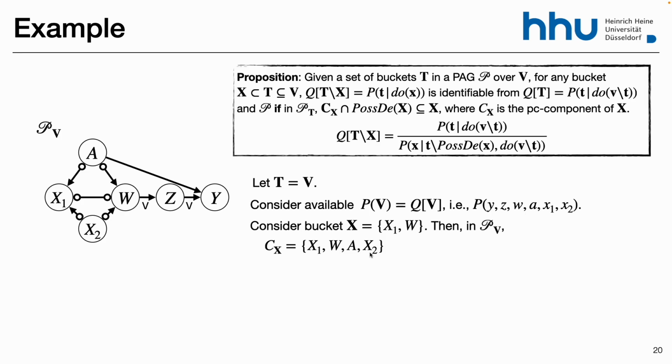Then we compute in the graph PT, so T is V, the possible descendants of all variables in the bucket. They include the possible descendants of X1, which will be W, Z, and Y. And we compute the possible descendants of W, which is Z and Y. And in total, they are X1, W, Z, and Y. Do we have the same criterion where the node itself is also a possible descendant?